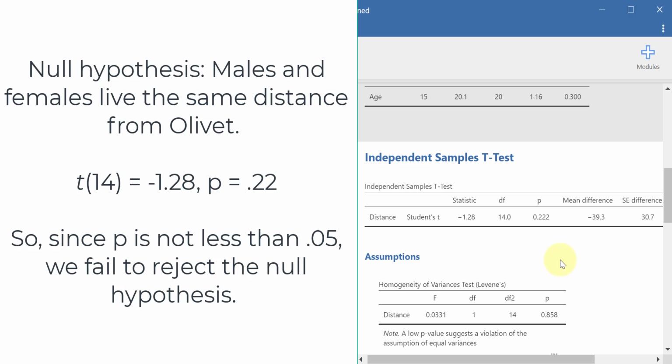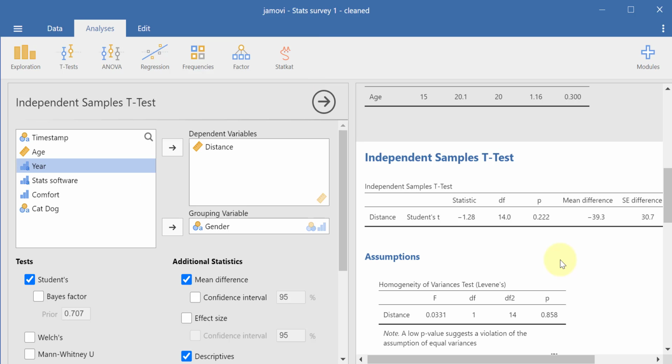So when I'm looking at that null hypothesis, the null hypothesis was that males and females are going to be the same. In this case, I cannot reject the null.